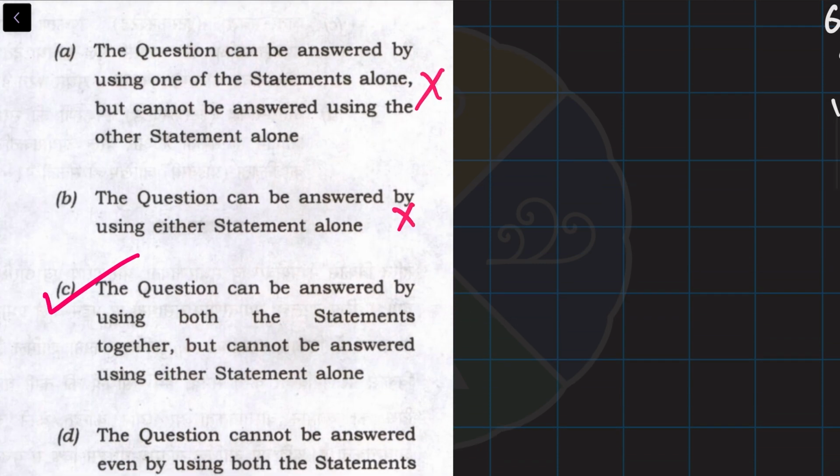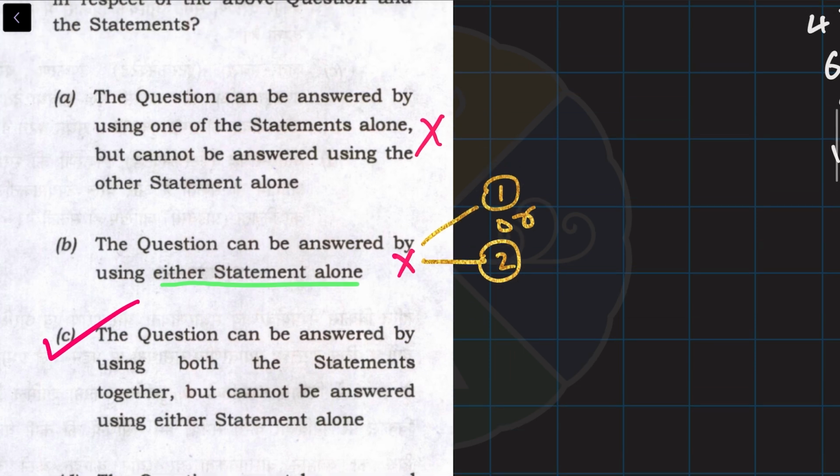Now, let me also tell you the meaning of these options. The question can be answered using either statement alone means it can be answered using statement 1, or using statement 2. That is the meaning of option B. Option A says that the question can be answered using only one of the statements, but not the other.